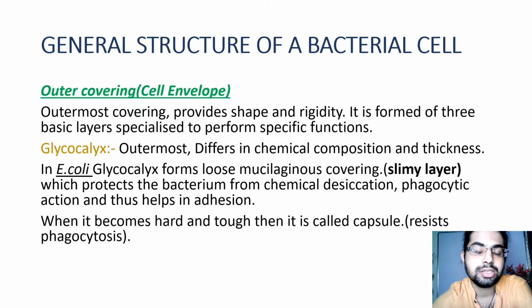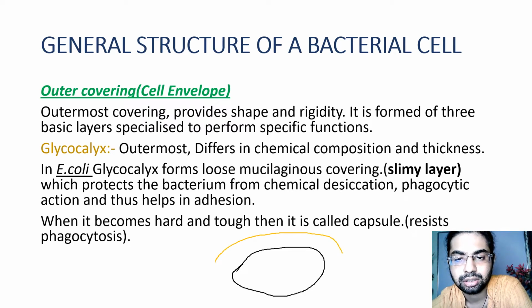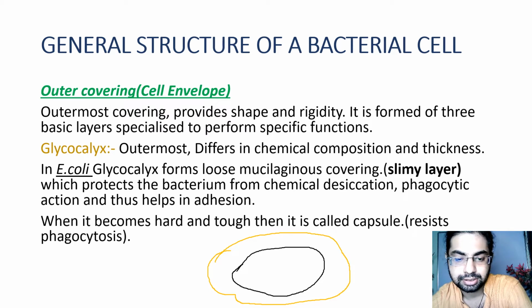Now the general structure of a bacterial cell, or a general structure of a prokaryotic cell. Let's consider this as bacteria. So the outermost covering is the cell envelope, and it is formed of 3 layers.